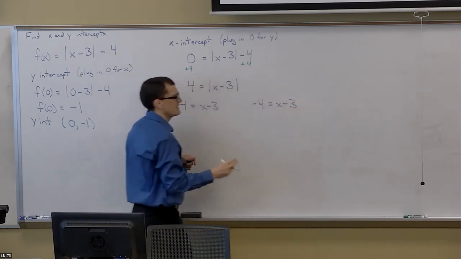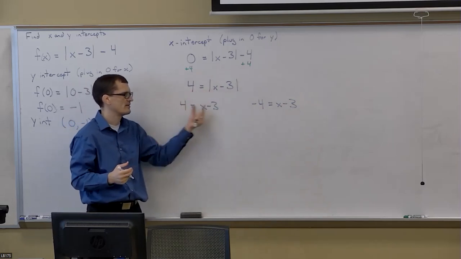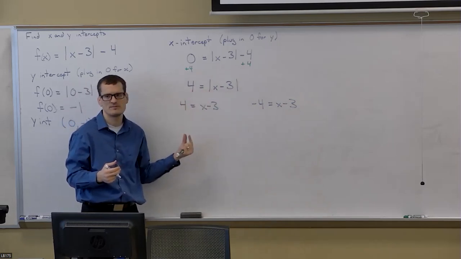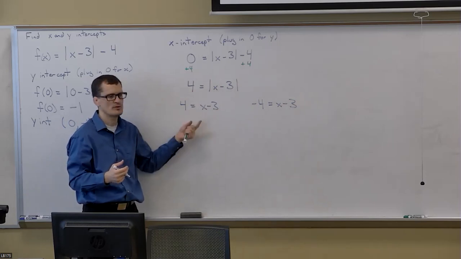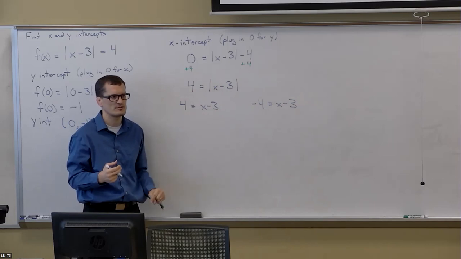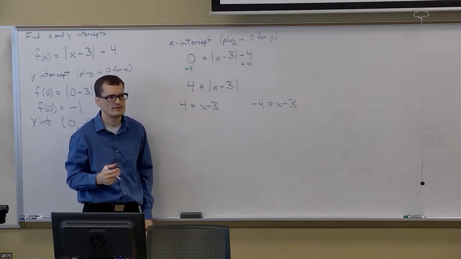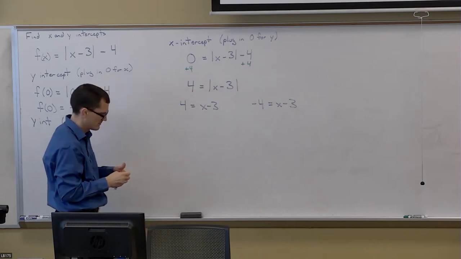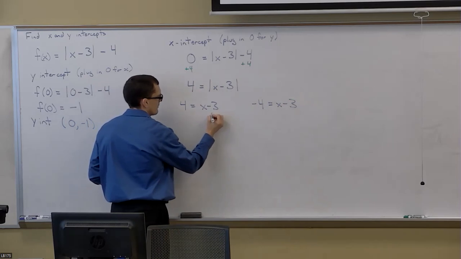If you are more comfortable putting the x minus 3 on the left-hand side or the right-hand side, it doesn't matter. You can go either way. But in both cases, you'd add 3 to both sides.